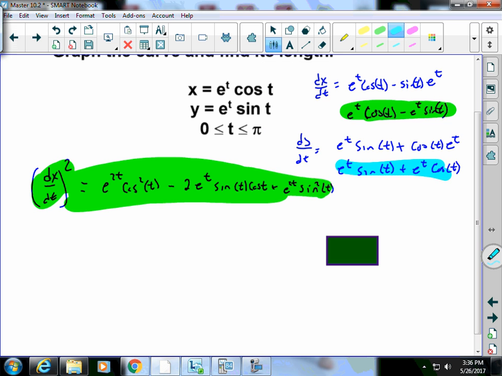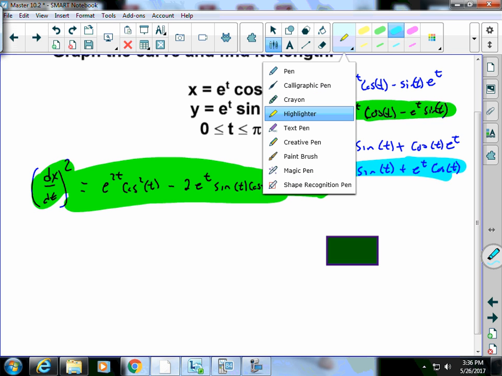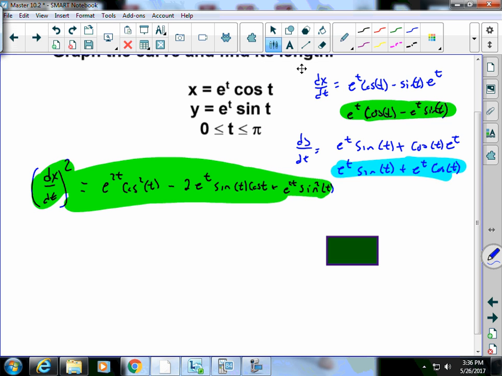Next, we have to figure out what that is squared. So we need dy/dt squared. Well, e to the t sine t, squared, is e to the 2t sine squared t. Then I have 2 times e to the t sine t times e to the t cosine t.